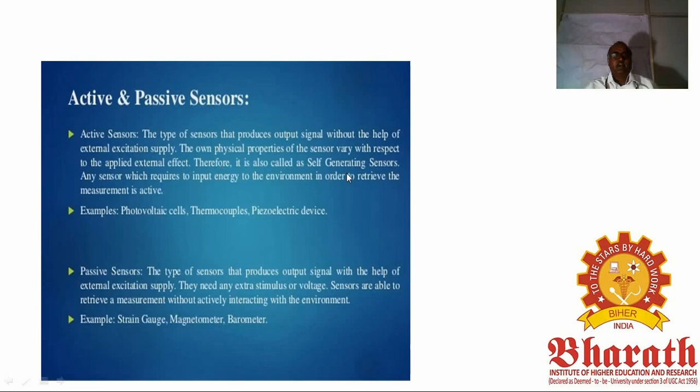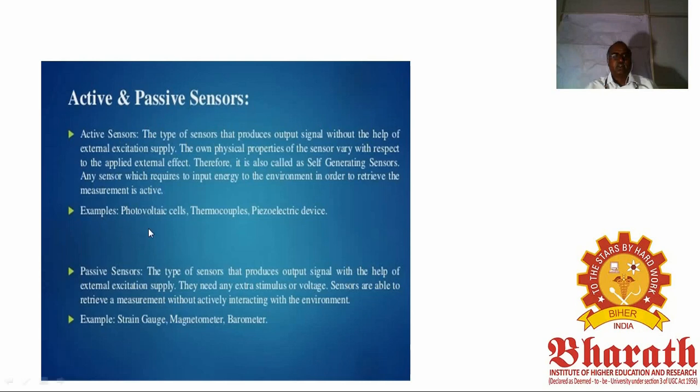They are also called self-generating sensors. Any sensor which is able to generate its power by itself and give output is classified under the heading of active sensors.